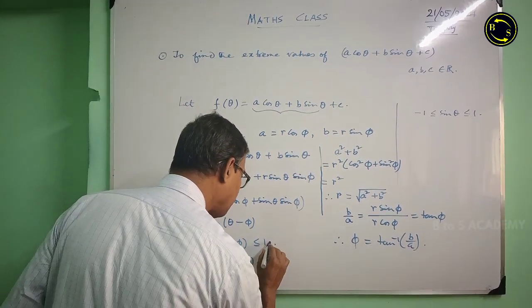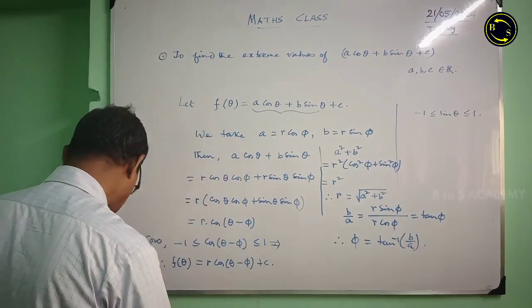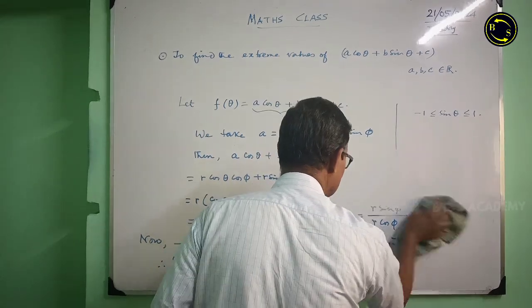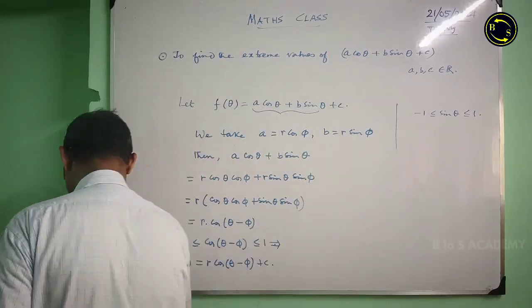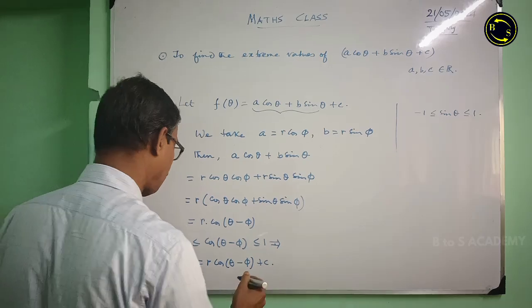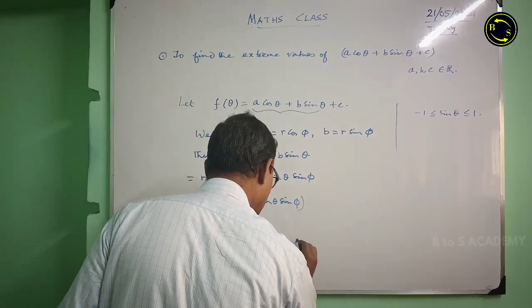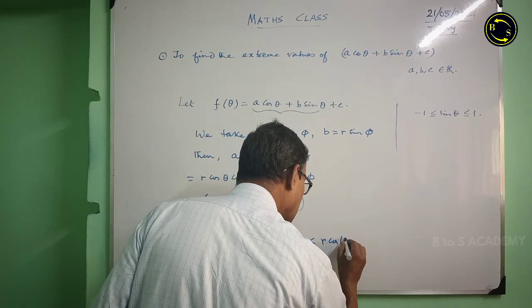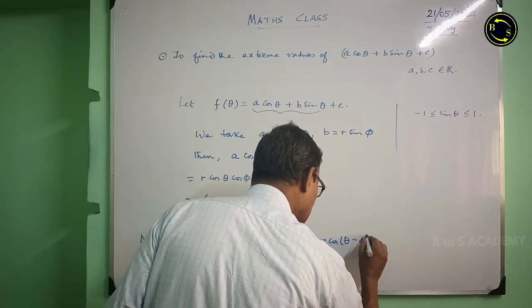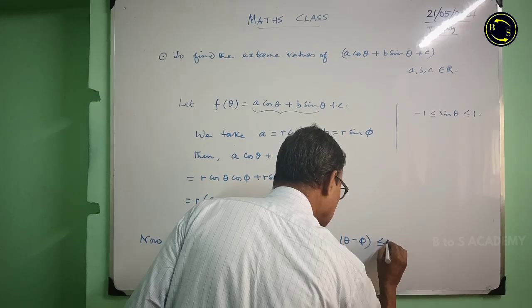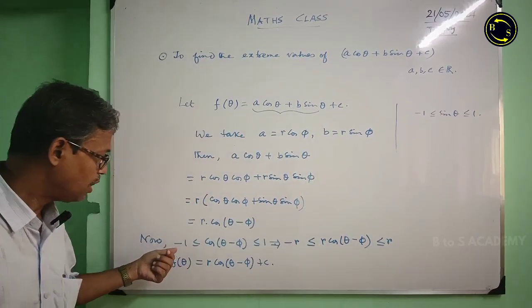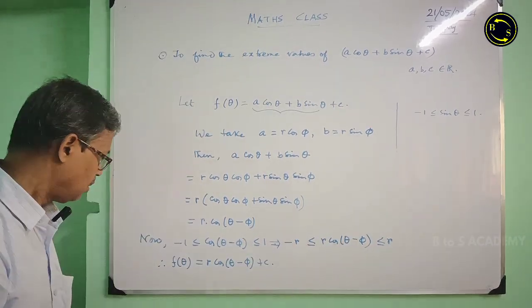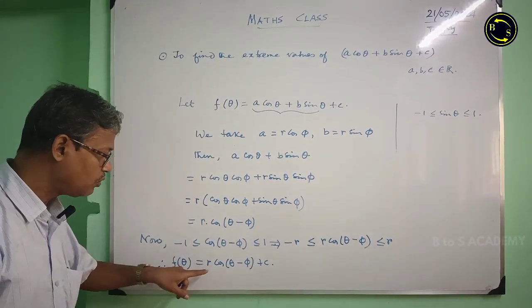Using this idea, we get minus r less than or equal to r cos of theta minus phi, that is less than or equal to r, by multiplying r to each part. Finally, we have got f theta equal to this one.